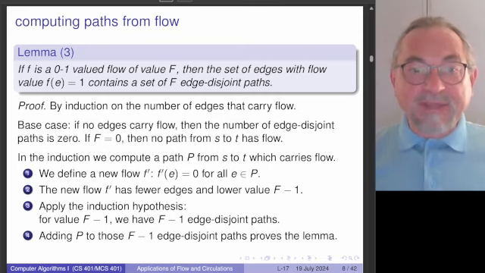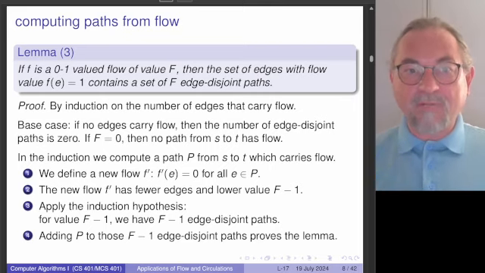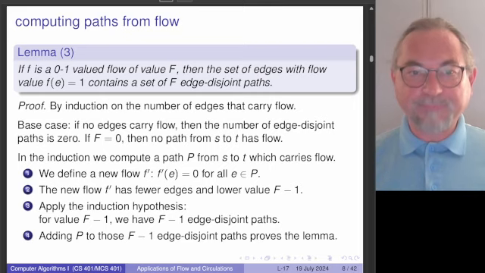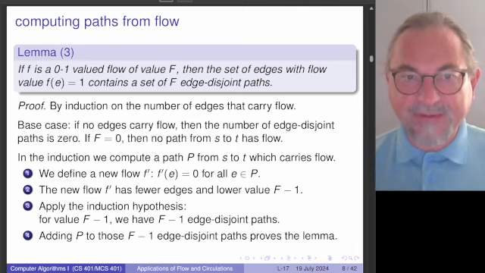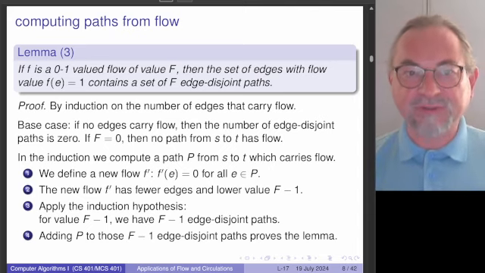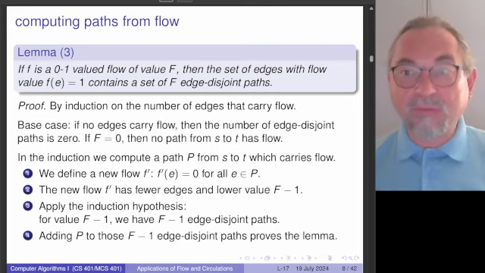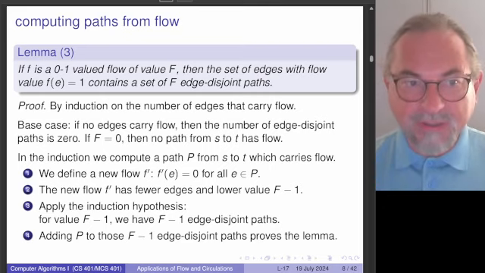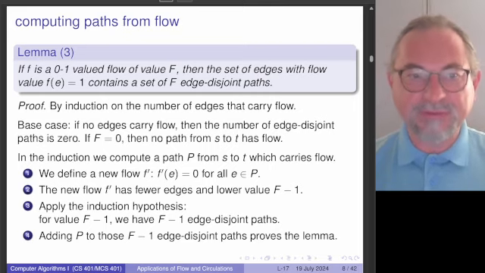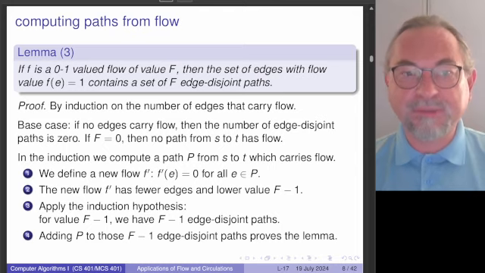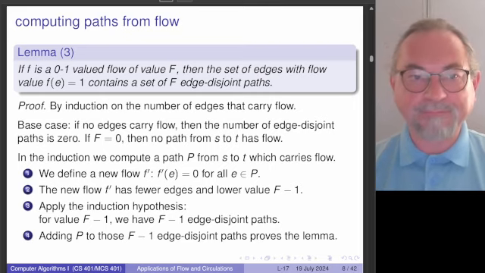Okay, so here is the statement of the lemma again. If we have a 0-1 flow of value capital F, then this capital F is actually the number of edge disjoint paths. So we will compute these paths, but also prove this lemma. So it's a count in some sense, and we will do this by induction on the number of edges that have flow on them.